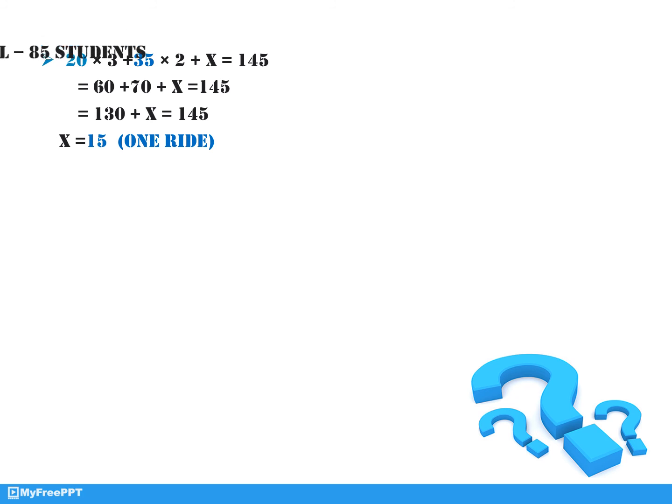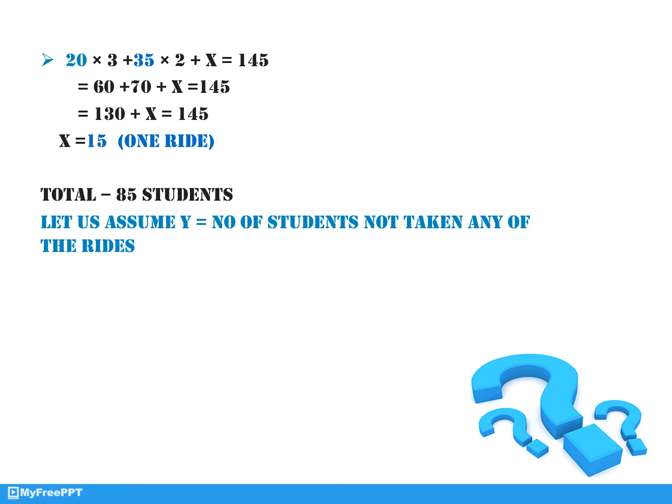Then from the question, the total number of students who went on the trip was 85. The real question is how many students did not take any of the rides. So let's assume that y is the number of students who did not take any ride.